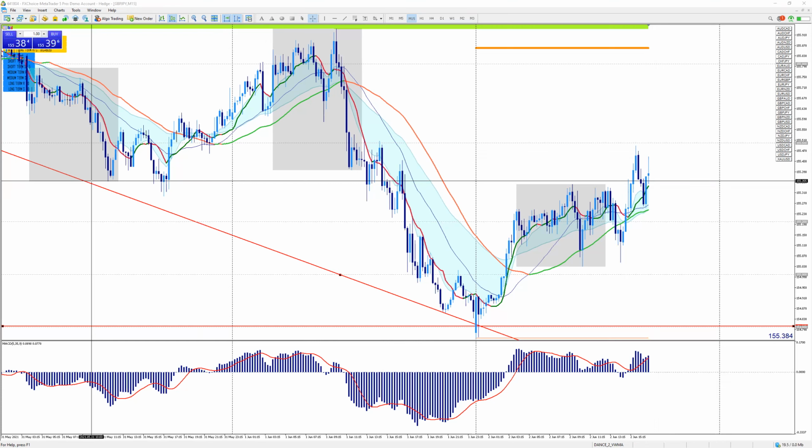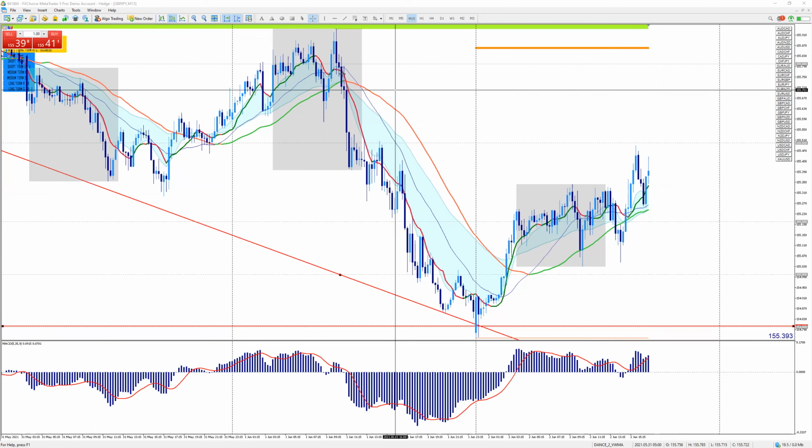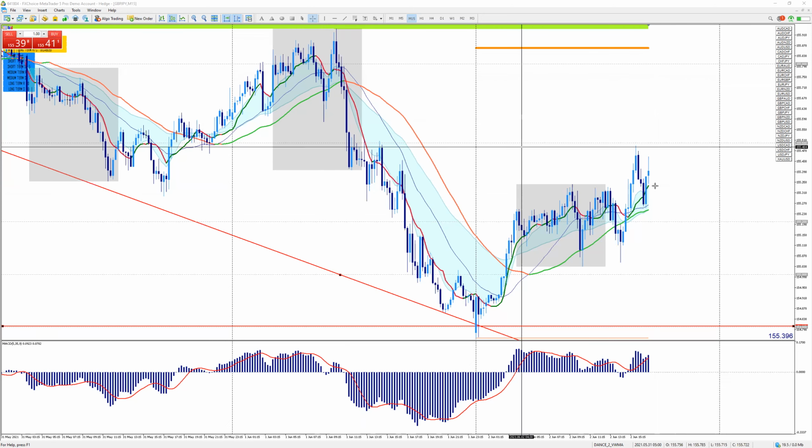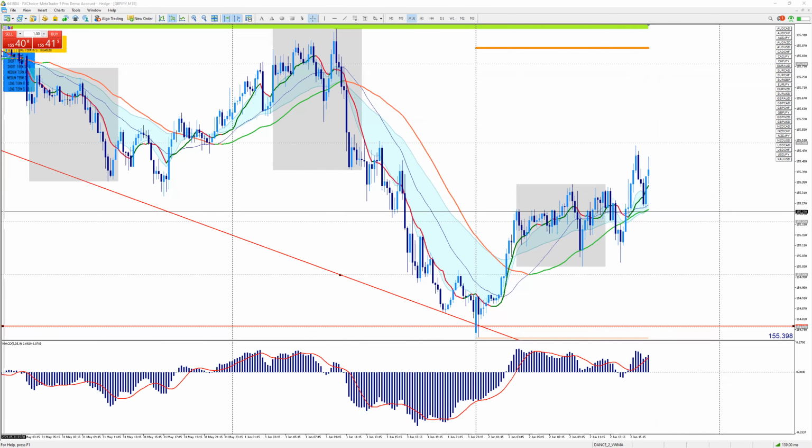I'm just really not seeing any. I'd want to see these moving averages get tightened back up again like we would over here. I want to see something like that, and I'm not.